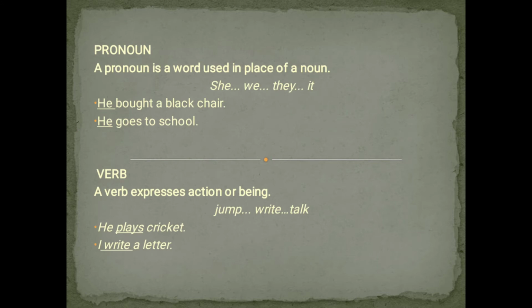Then we have another category, which is used instead of a noun. The word we use in place of a noun, we call it what? Pronoun. For example, he, she, it, and they. Let me give you an instance. He bought a black chair.